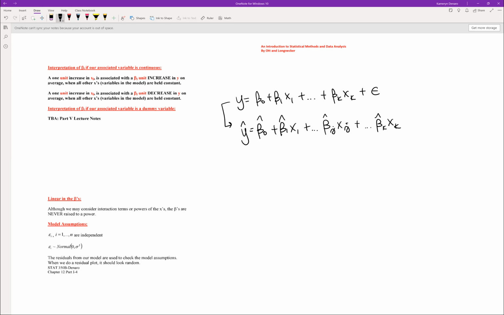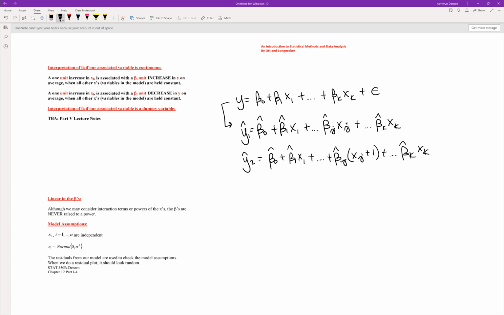And this is going to be my first prediction. And then in my second prediction, I'm going to get beta 0 hat plus beta 1 hat x1 plus dot, dot, dot, all the way up to beta j hat, and then I'm going to increase my xj by 1 unit. So xj plus 1, and then all the way down to beta hat k xk.